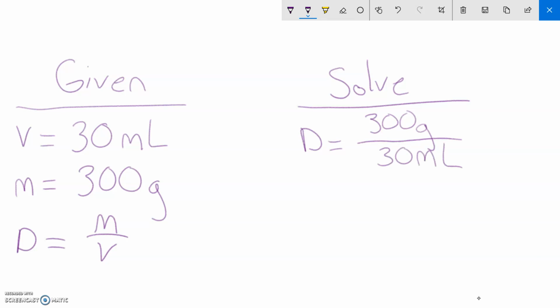Okay, so now you can plug that into your handy dandy calculator, and we can get that density for this particular object is going to be 10 grams per milliliter, right? Because 300 divided by 30 should give us 10. And that would be the density for that particular object.